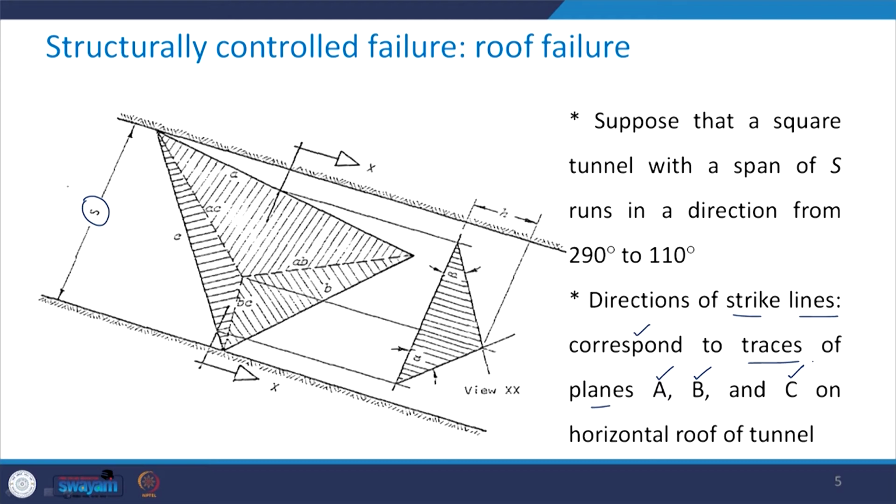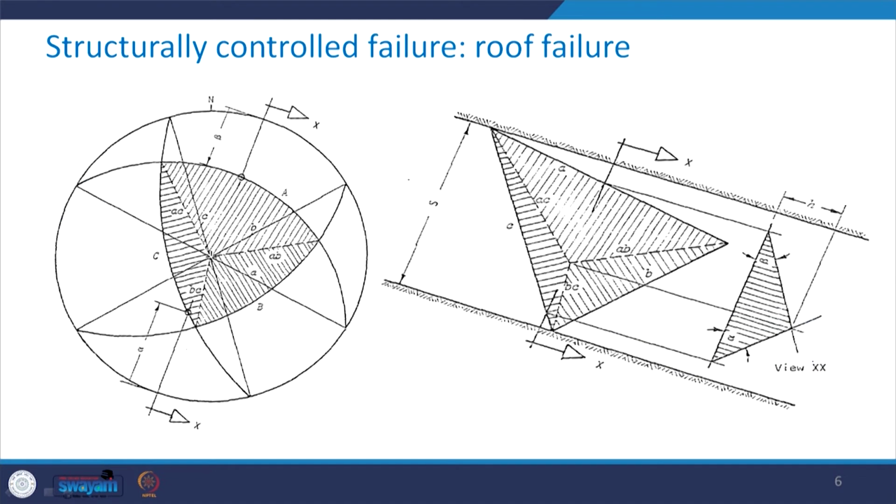How these traces have been obtained, we have seen in the previous slide. So, let us put both the figures together in order to see how this figure has been drawn. You see that this line here is parallel to the trace A here.